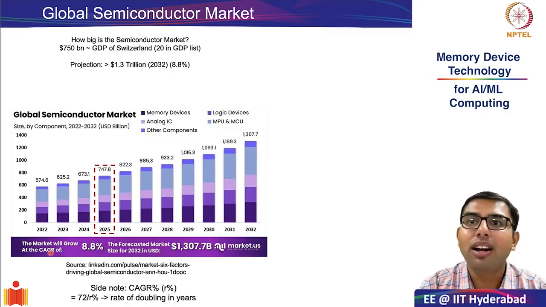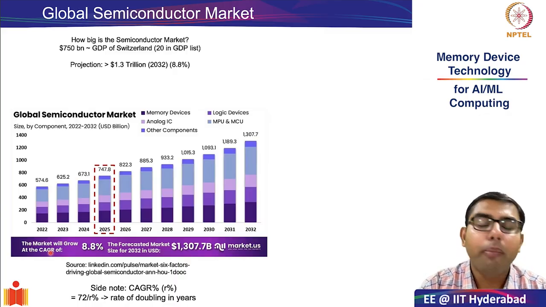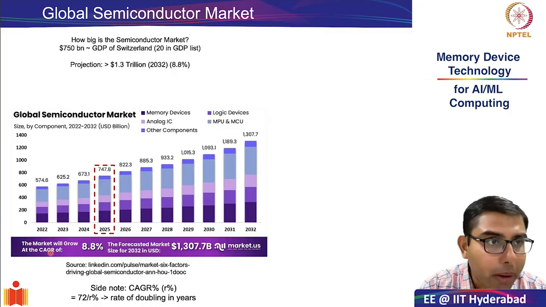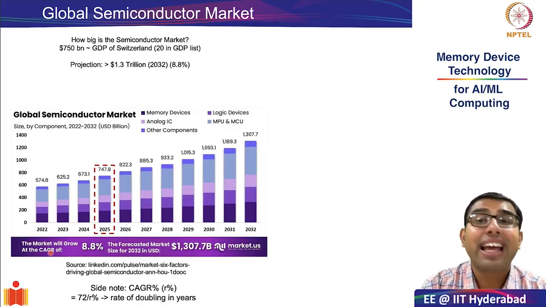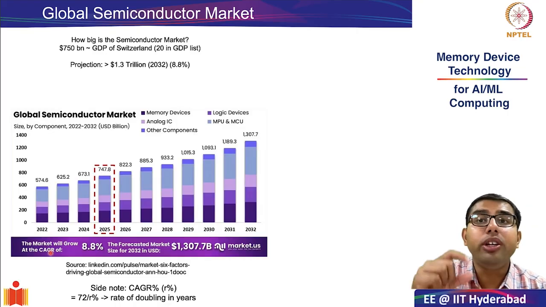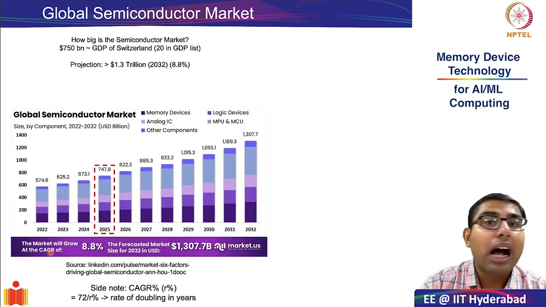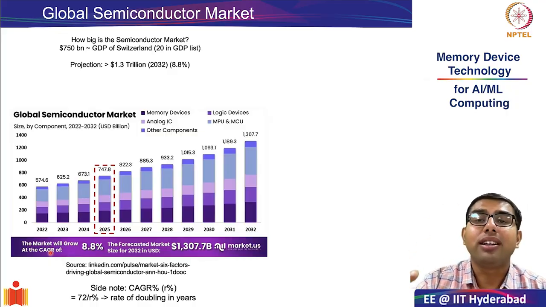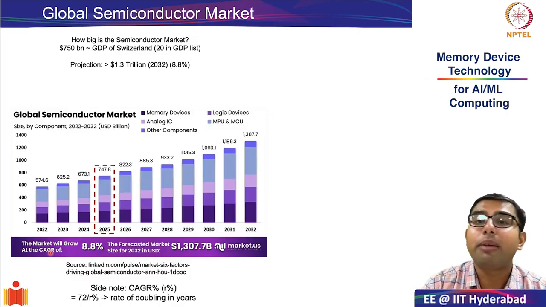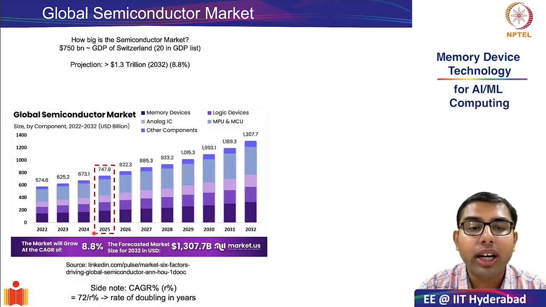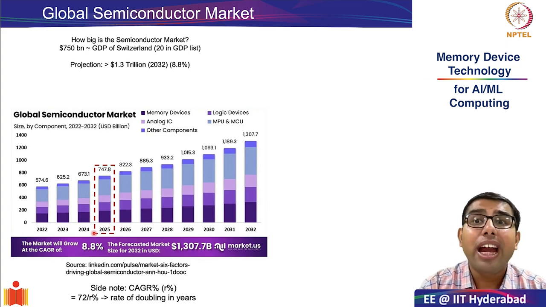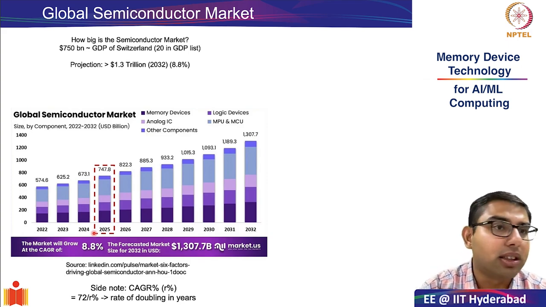It is nothing but the compounded annual growth rate. This is not simple interest, it is compound interest. So year on year compounded, how is a company, or in this case the semiconductor market, growing? And the number that you see over here is roughly 8.8, or roughly 9%.